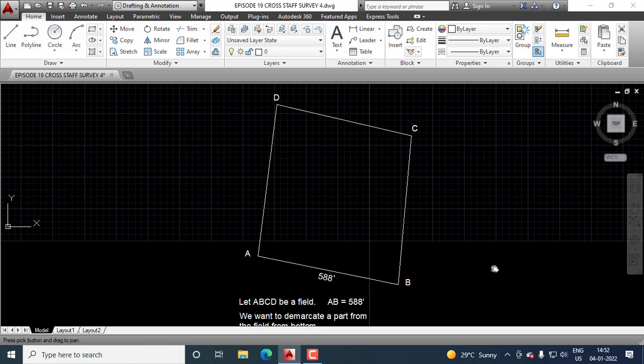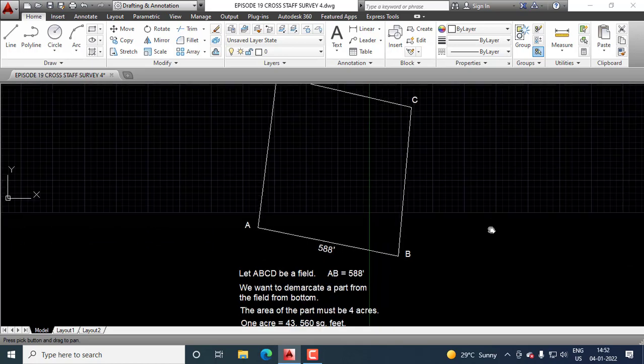If we want to demarcate 4 acres from this side, we treat this as bottom. And if we want to demarcate 4 acres from this side, we consider CD as bottom. And if we want to demarcate 4 acres from this side, we consider AD as bottom.